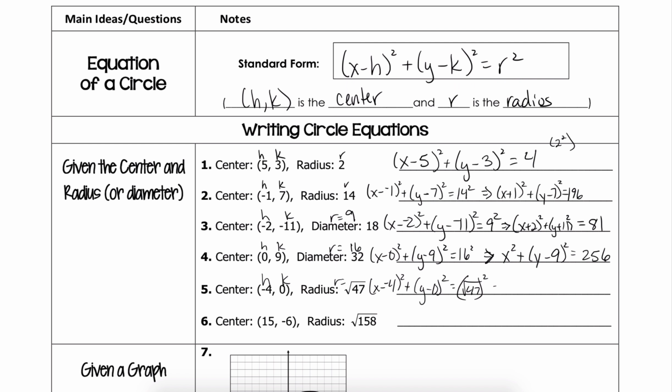Let's simplify that. x minus negative 4 is just going to be (x + 4)². And then y minus 0, that's just y, so this is plus y². And then (√47)², the square root and the squared undo each other. They just leave 47. And you're done.